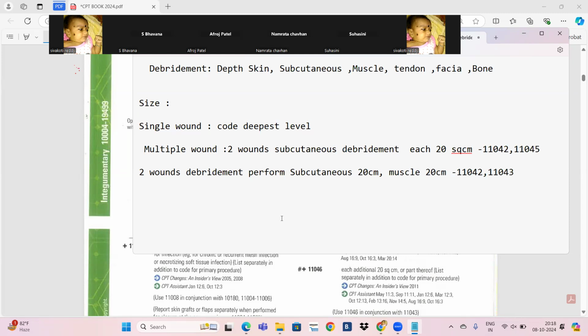Same level debridement means sum the length, you can club the length and take. If different depth, code individually. Clear? Did you understand or not? Yeah, clear.